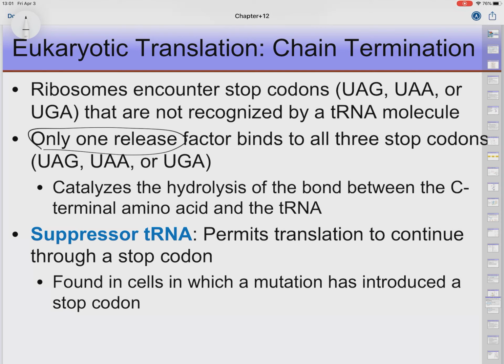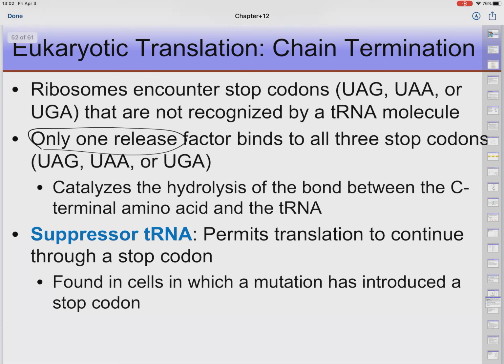Suppressor tRNAs actually let translation continue through a stop codon. Sometimes a mutation in the genetic code switches a letter, probably not the wobble position but one of the other one or two positions, and makes a stop codon where there shouldn't have been one. There are tRNAs that will recognize that and allow translation to happen.